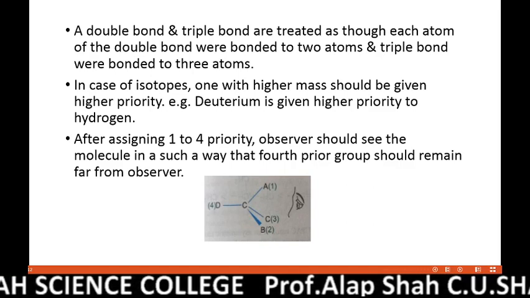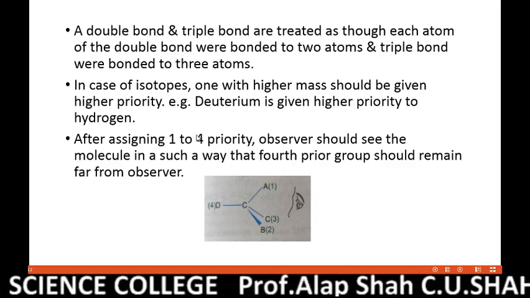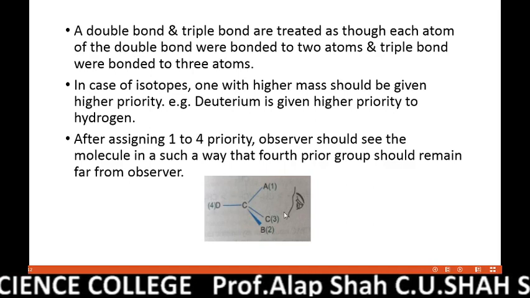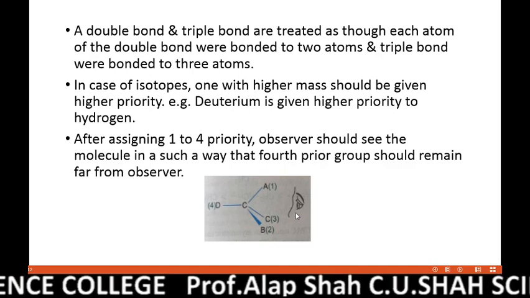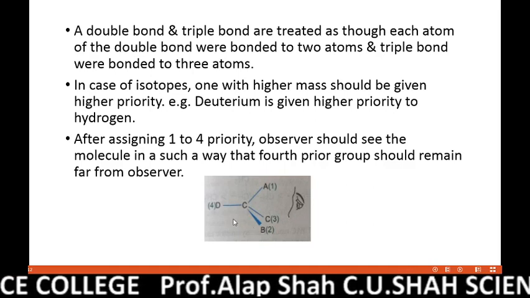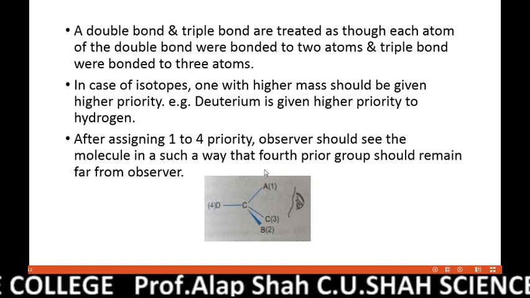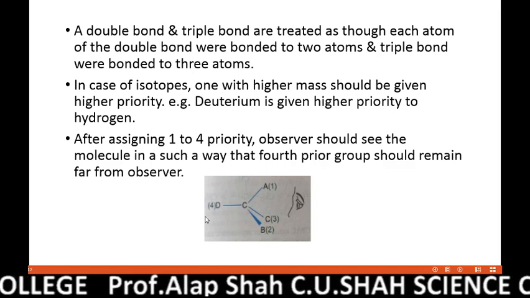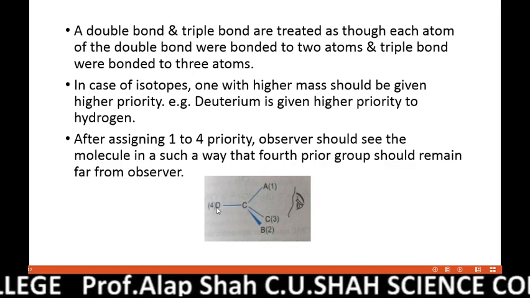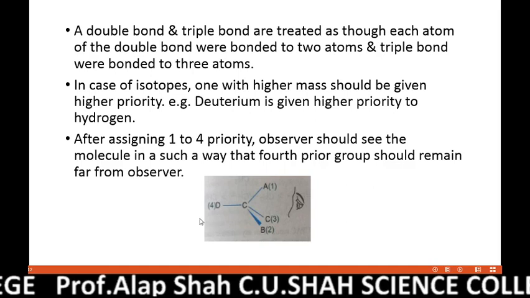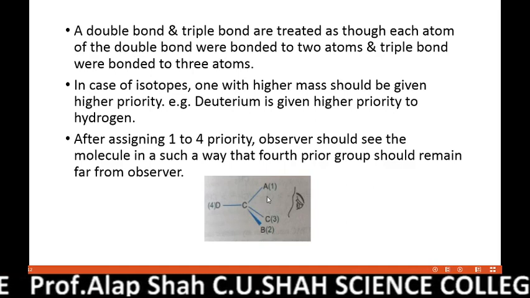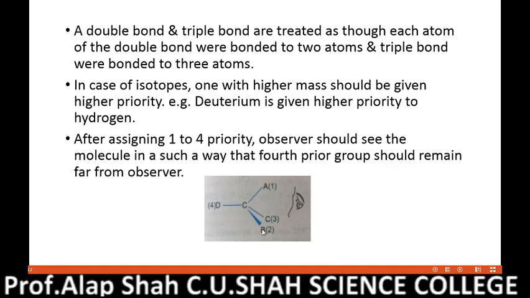Now after assigning priority 1 to 4, this is the observer, you can see the eye. The observer should observe the molecule in such a manner that the least prior group 4 remains away from the observer, and then the observer should connect groups 1, 2 and 3.